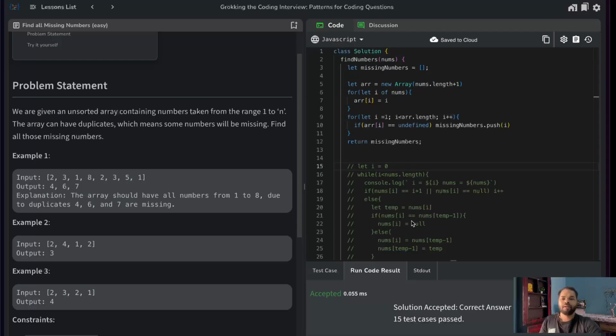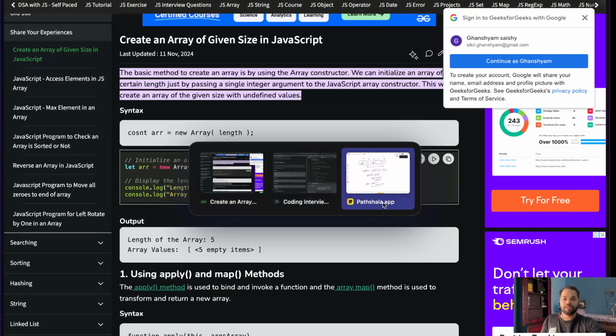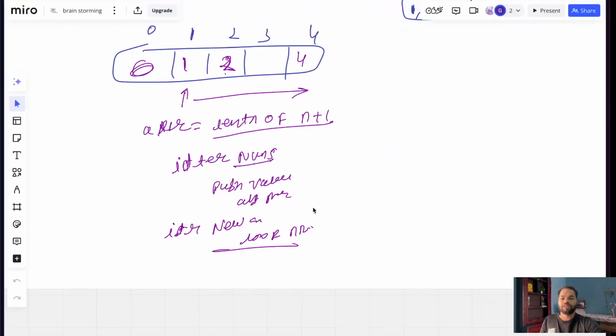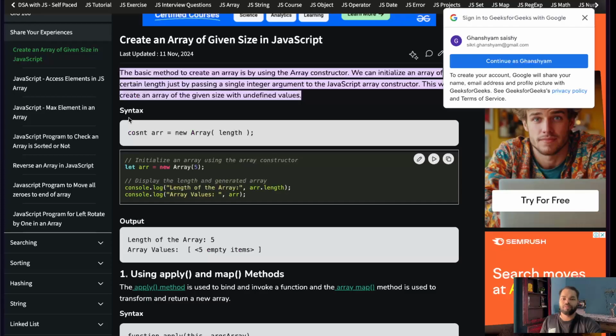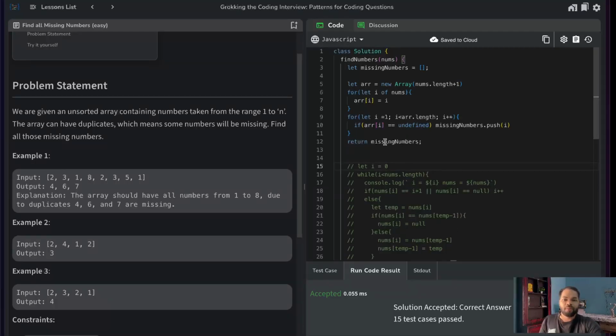Okay, so for this solution, as we already discussed here, this is our pseudocode. We will be creating a new array of length n plus one, and then we will be pushing the values from the nums.